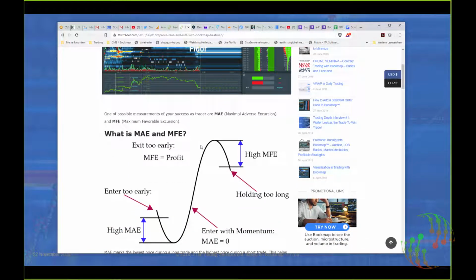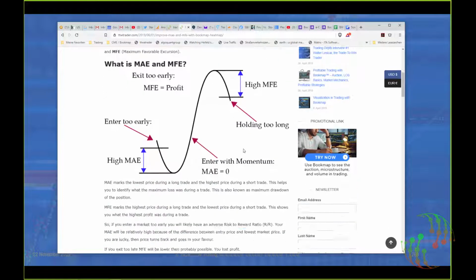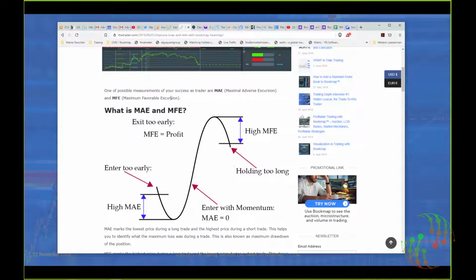If you are doing statistics with your trades, I'm sure you have it already in your trading style, that you have to measure your maximum adverse excursion and maximum favorable excursion. It's important to get these numbers, because when you enter too early, you have a high MAE, and when you're holding too long, you also have a high MFE.